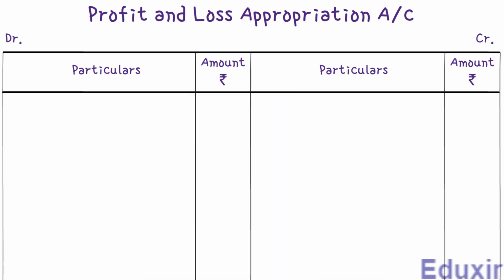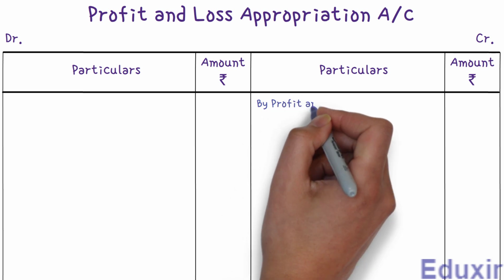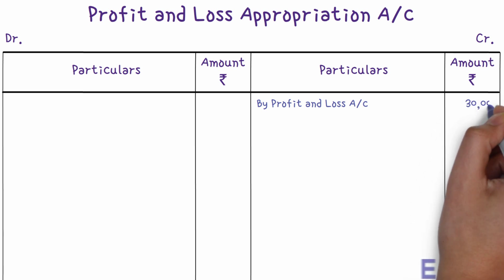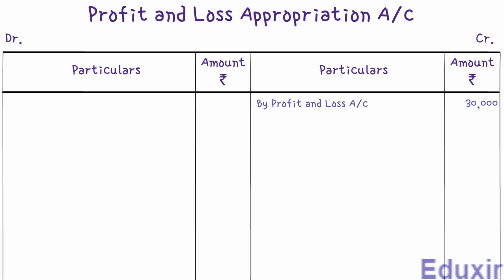Let's have the same columns on the credit side also. Let's then write by profit and loss account into the particulars column on the credit side. This indicates that the net profit is transferred from the profit and loss account to the profit and loss appropriation account. Let's then write the transferred net profit amount of 30,000 rupees into the amount column. With that, we have completed the credit entry related to the transfer of the net profit amount from the profit and loss account into the profit and loss appropriation account.